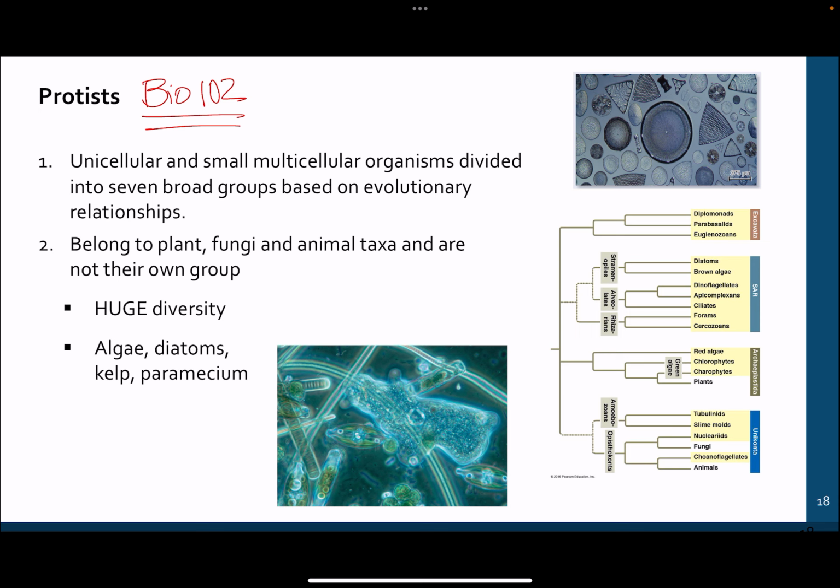So binomial means 2 names, and then nomenclature basically means how something is named. So we name an organism based on its species, which is the smallest level of classification, and then also based on the classification above it.